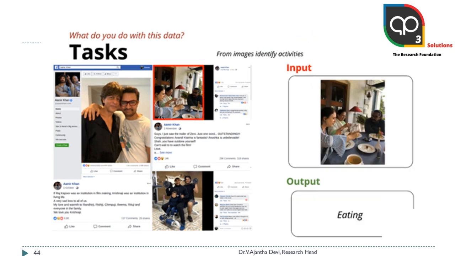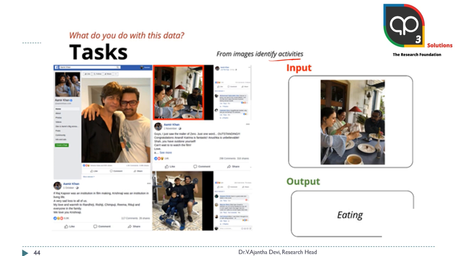Okay, and another task that you can define based on the data available on this page is activity recognition, identifying the activity. So given an image here, somewhere in this post it is also mentioned that someone is eating some food or something of that sort.